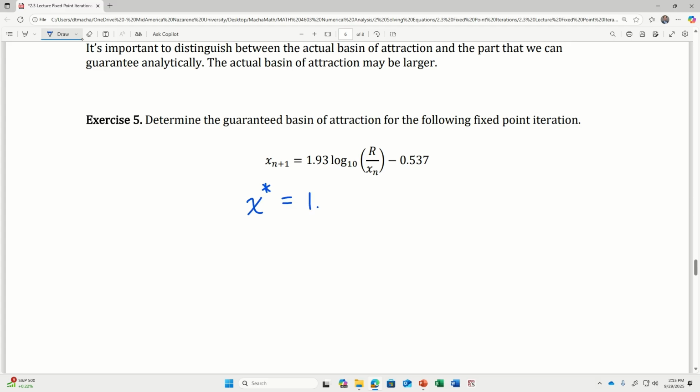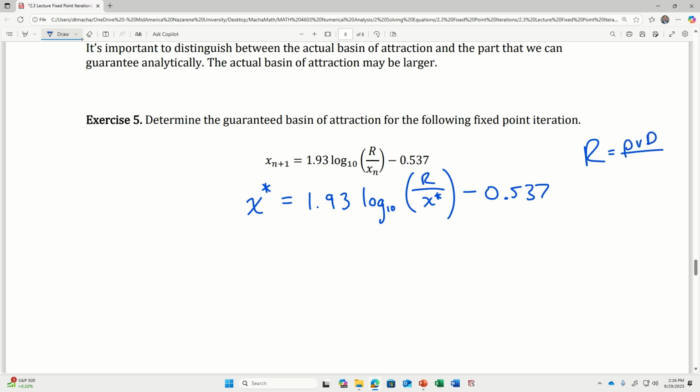And my fixed point is going to be something like this. And R was the Reynolds number from last time. If you remember the Reynolds number, it was like rho v d over mu.